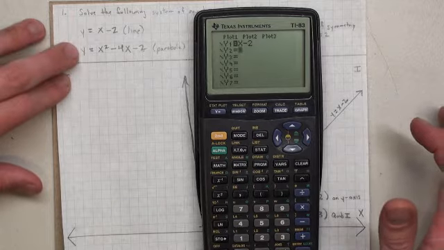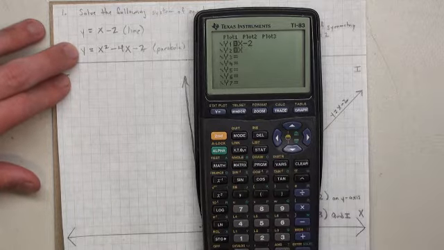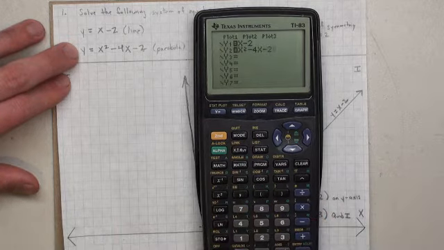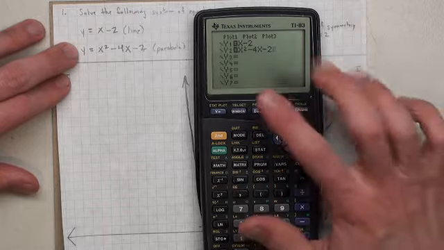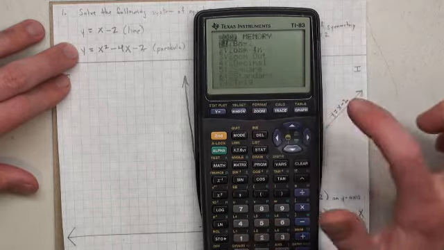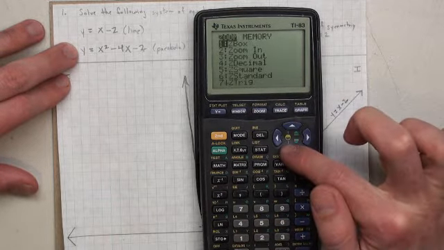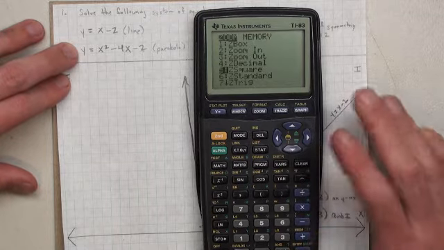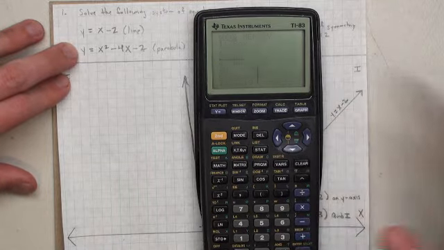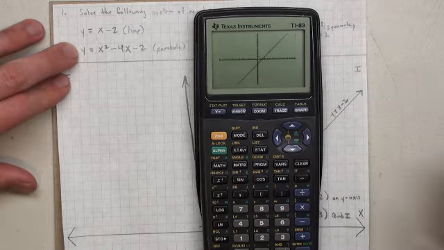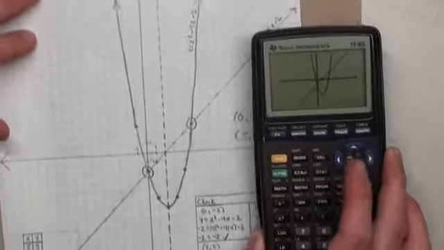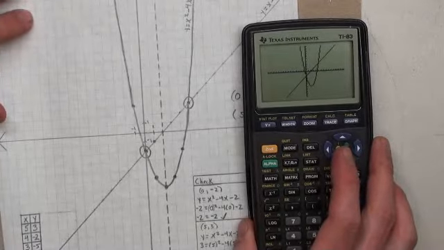And I'm going to put in the second equation, x squared minus 4x minus 2. And now I'm going to hit zoom, and I want it to be square, so Z square. Okay, and you can see that is what it looks like, right?